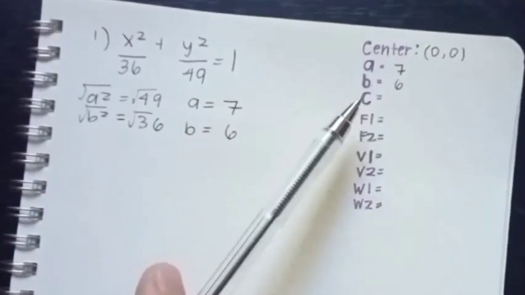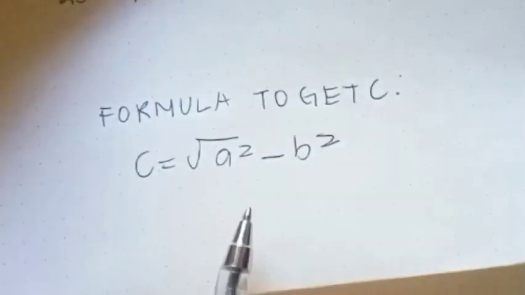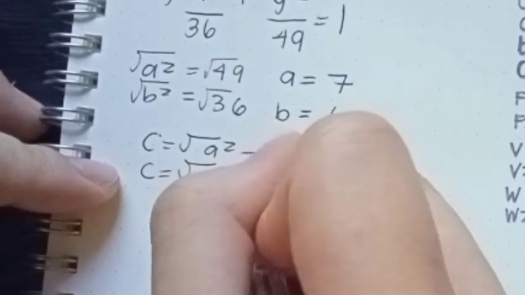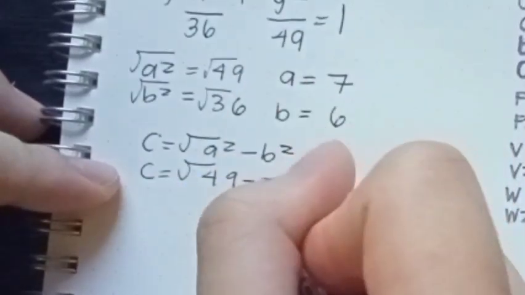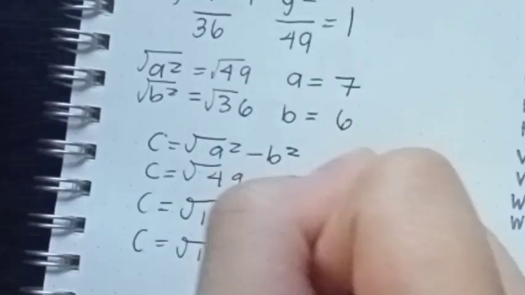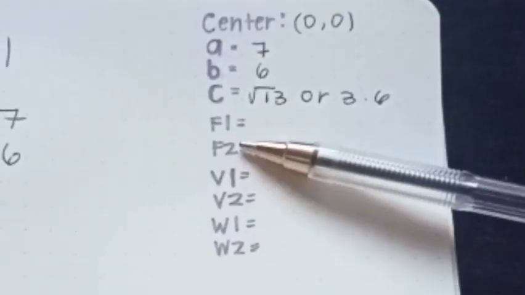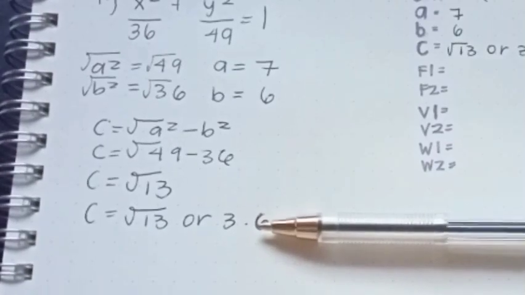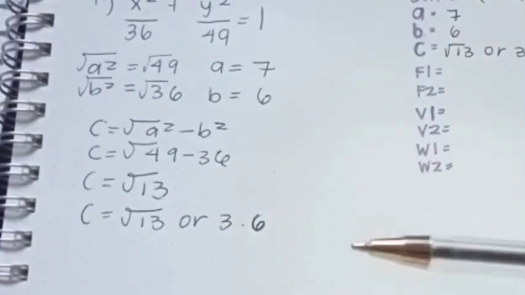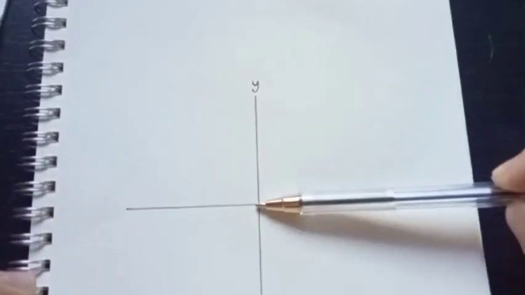So, let's go back. Now that we know to get the c using this formula, let's get the c. c squared is 49 minus 36, which is equal to 13. So c is the square root of 13, or about 3.6. Now we know the c. To get the foci, focus 1 and focus 2, we need this, which is the distance from the center to the foci.